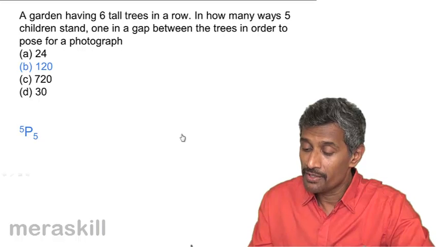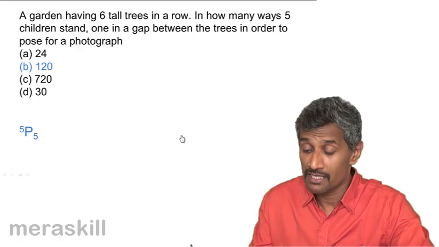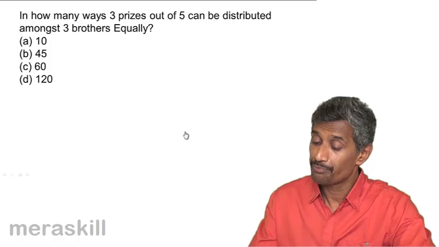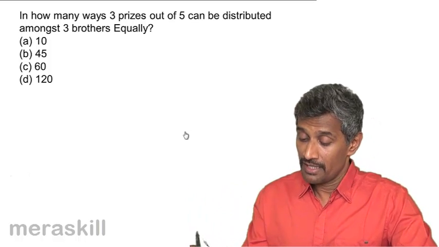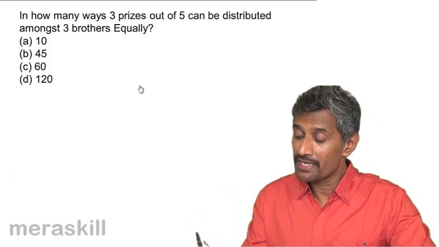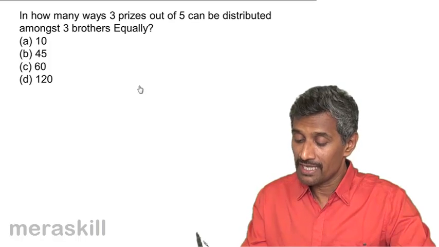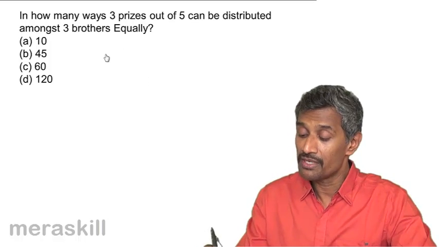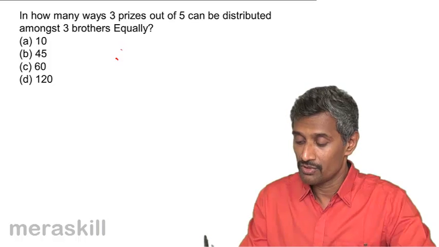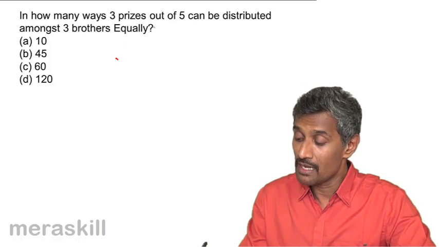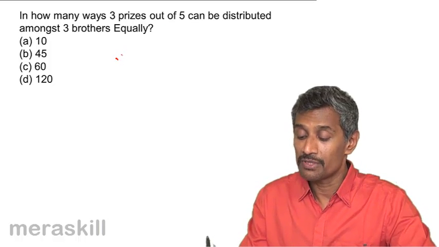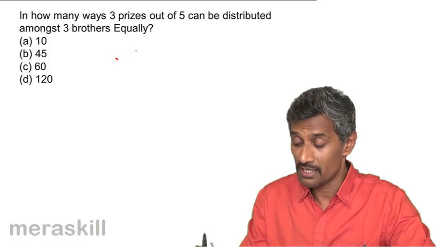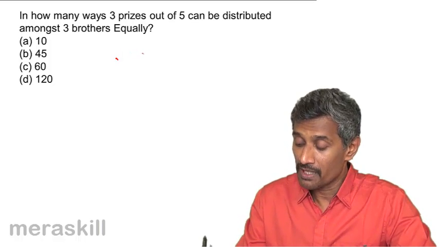Moving on from here, we have the next interesting case. In how many ways can 3 prizes out of 5 be distributed among 3 brothers equally? So there are 3 prizes out of 5 which have to be distributed among 3 brothers equally. So we need to pick up 3 out of 5.